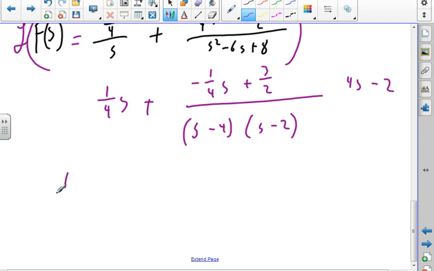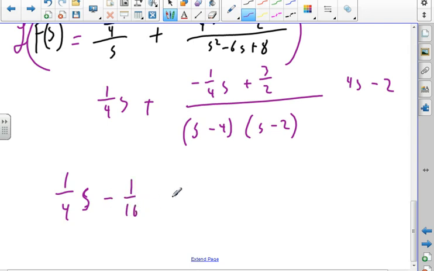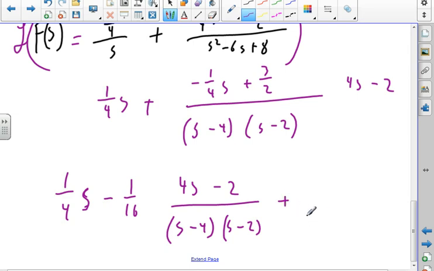So I've got 1/4s plus, I bring out the minus 1, and I make it a minus 1/16. If I make it a minus 1/16, then I can have 4s minus 2 over s minus 4, s minus 2, plus some residual over s minus 4, s minus 2.